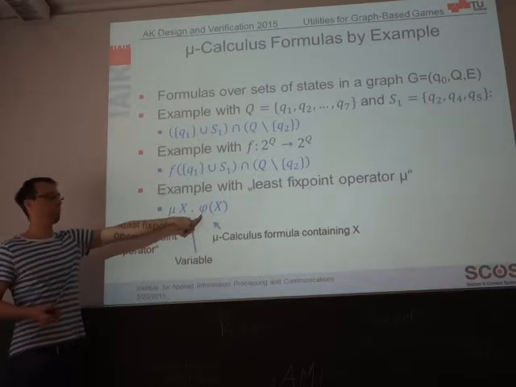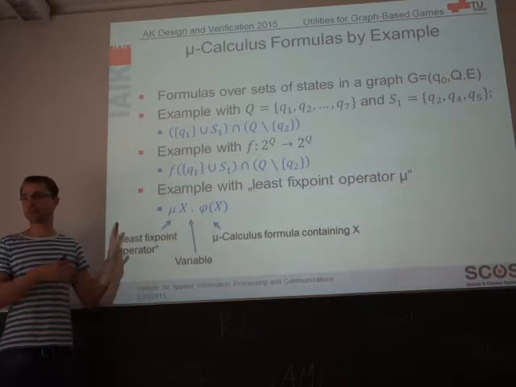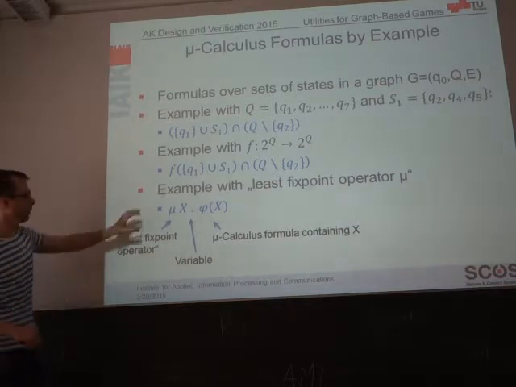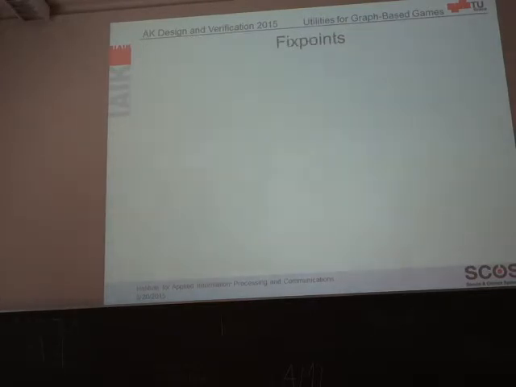And then we have some mu-calculus formula in which this variable x appears somewhere. So this is how you write mu-calculus formulas with such a least fixed point operator. The question is now, what is the meaning of this strange least fixed point operator? And for that, I would like to do a small excursion to the world of fixed points.